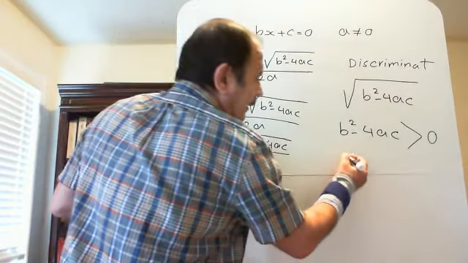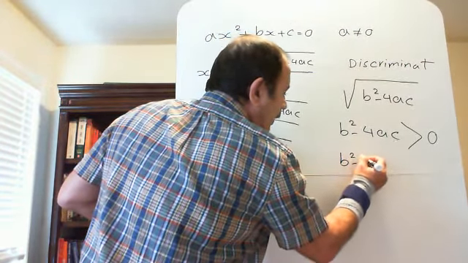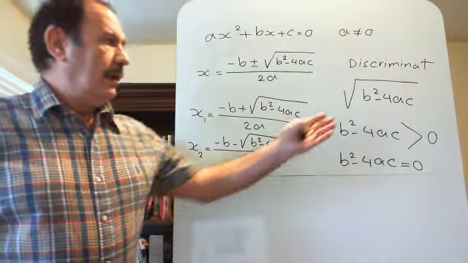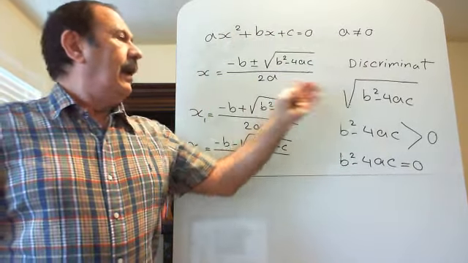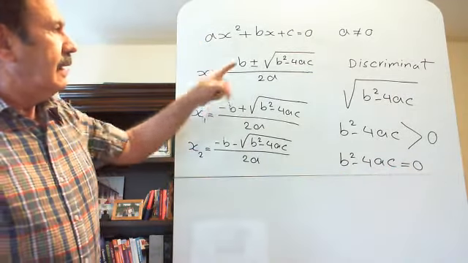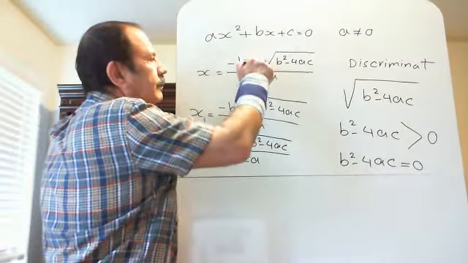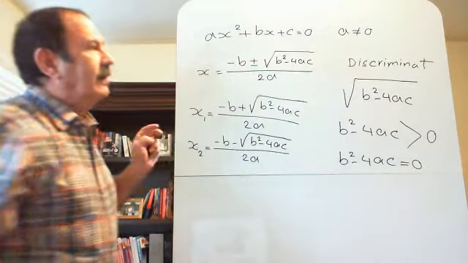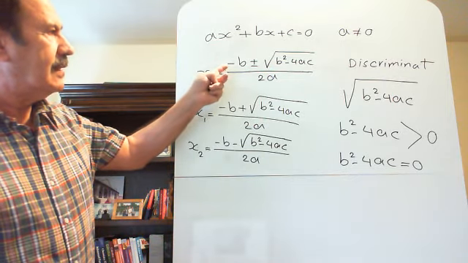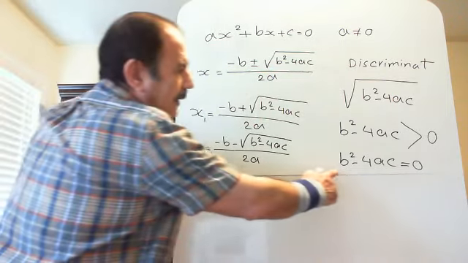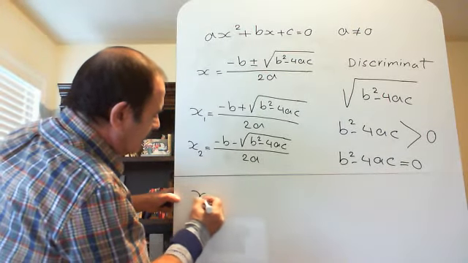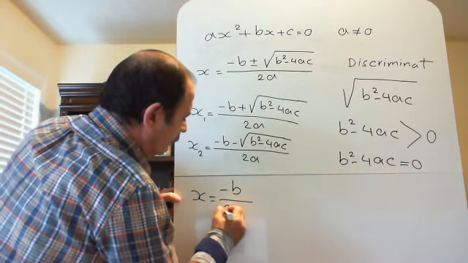If this discriminant b squared minus 4ac is equal to 0, and we substitute a, b, and c and this radical ends up being 0, it means plus or minus the radical of b squared minus 4ac is eliminated. Then we only have the remaining part, x equals minus b over 2a.